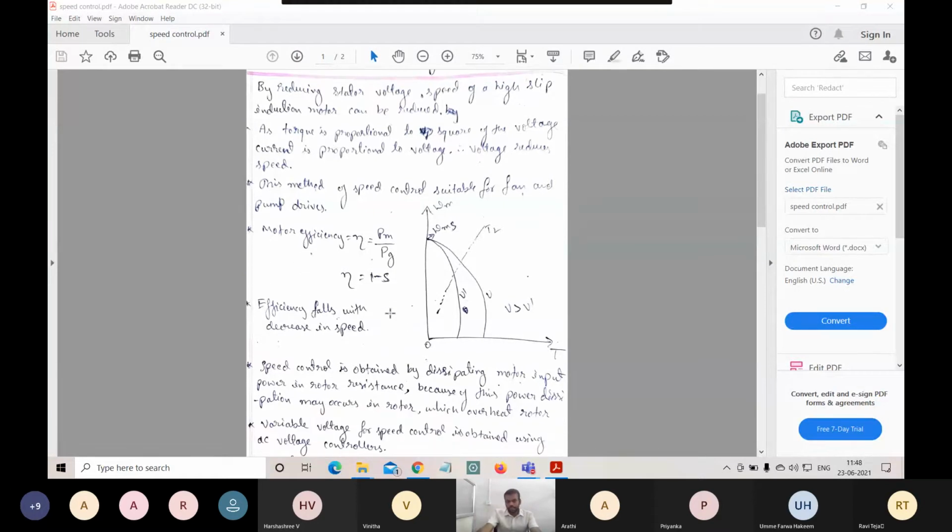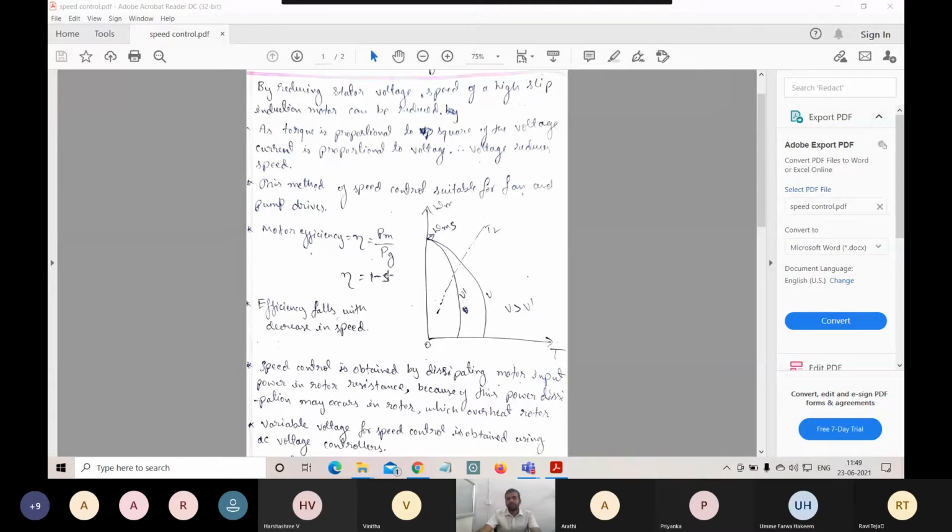So we have one relationship now. What is that relationship? Eta is equal to 1 minus S. S is slip, and slip mainly depends upon the synchronous speed of a motor. We know omega ms is 2 pi f, and Ns is equal to 120 f by p.